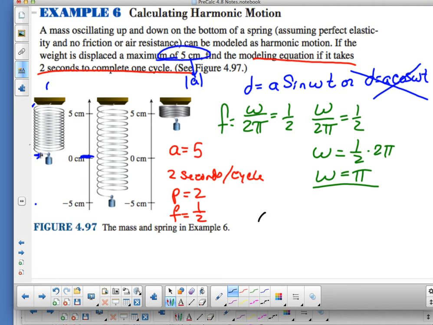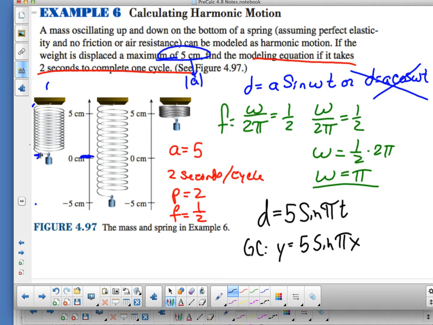So my model should be d is equal to 5 sine of pi t. But if I put it in my calculator, in my graphing calculator, it's going to be y equals 5 sine of pi x. And I should make it actually a sine versus a psi.